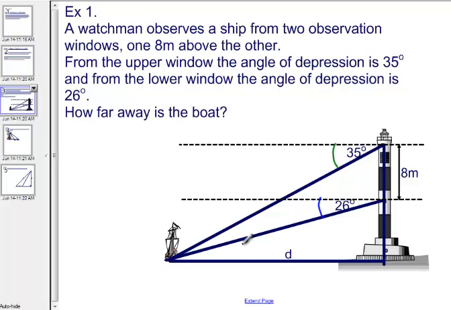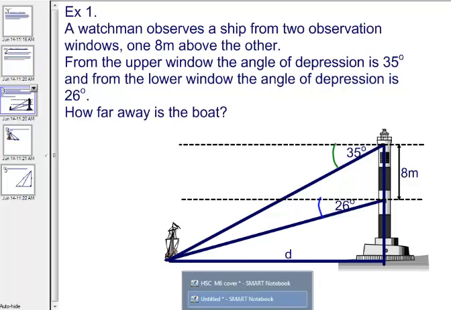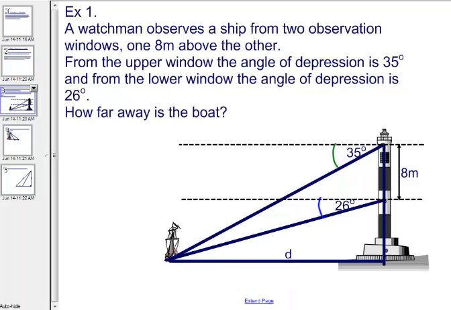So the 35 degrees is this entire angle here, and the 26 degrees is only this angle in here, and that's what it translates into.